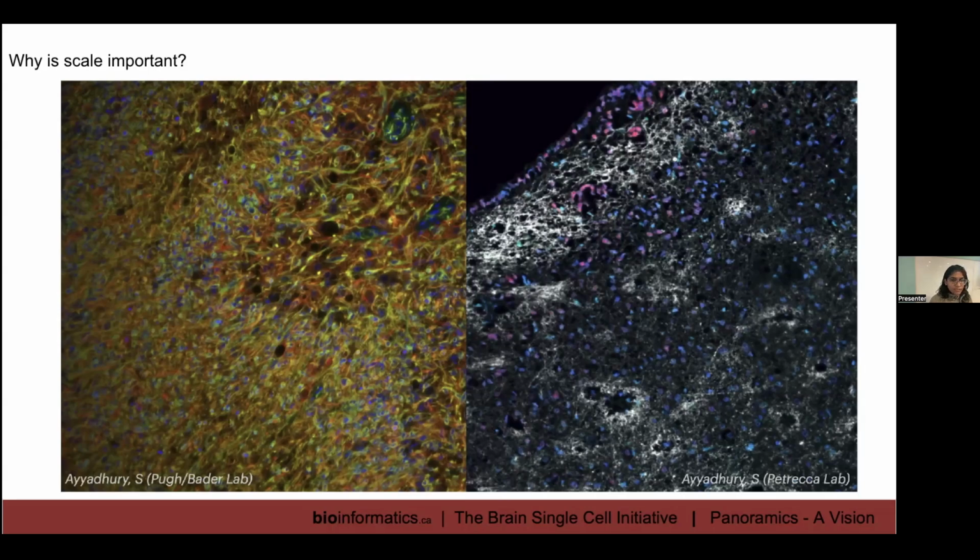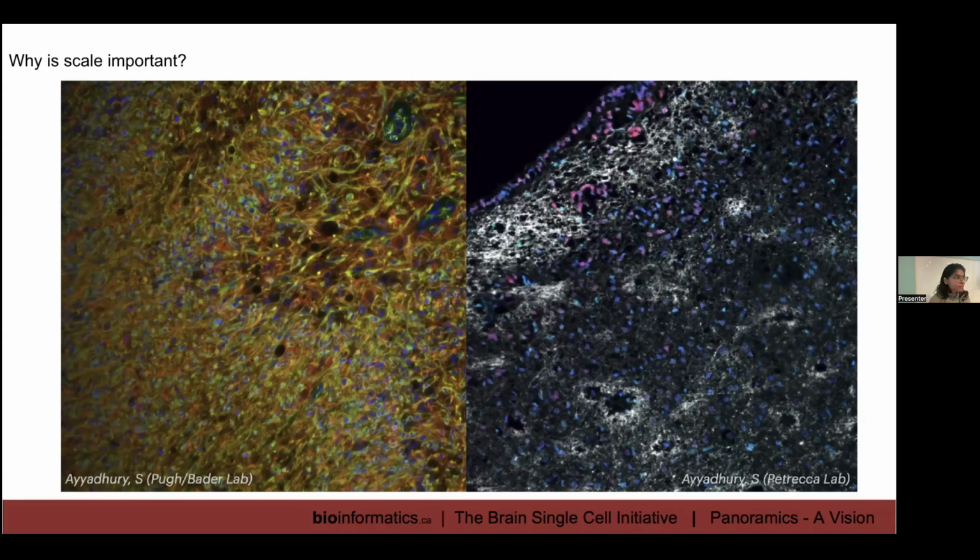In Banksy or any kind of spatial clustering, the scale is no longer the bin size or the resolution of the technology that you're using; it is based on the question that you want to ask biologically. If you want to easily identify the layers in your human brain or your normal mouse brain, then your scale becomes larger. So understand what your scale is.